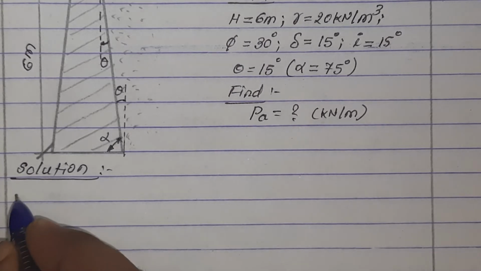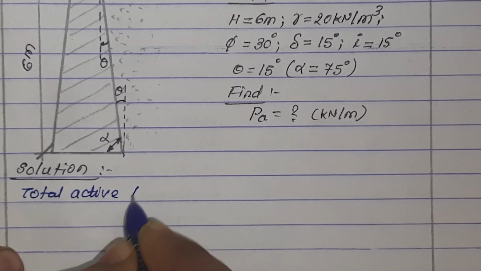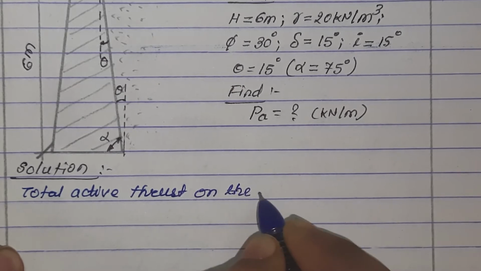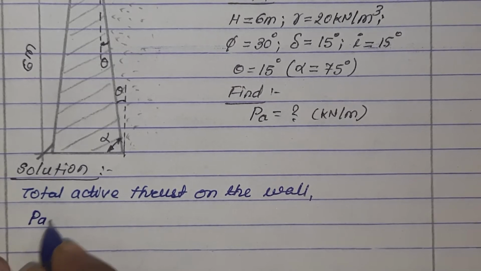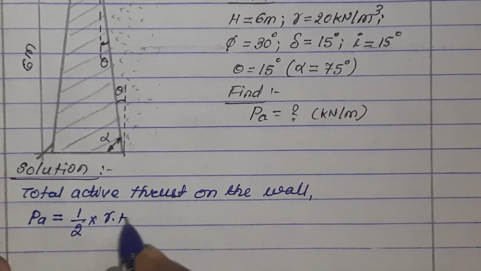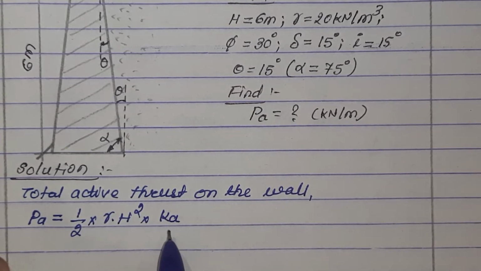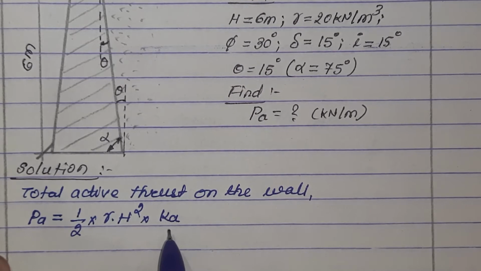Okay, let us begin with the solution. We want to find out the total active thrust on the wall, which is determined as capital PA equal to half gamma H square multiplied by Ka. What is Ka? Ka is the coefficient of active earth pressure. As we are going to use Coulomb's wedge theory, we have to substitute the expression for Ka here.